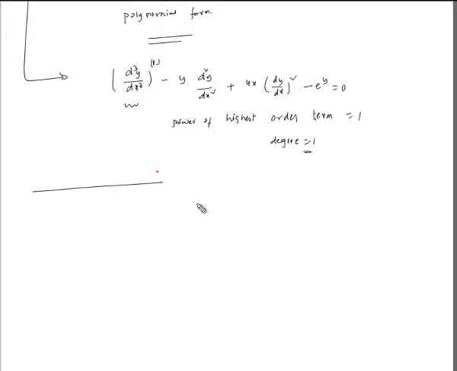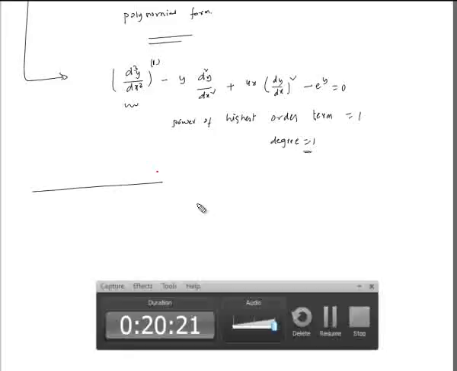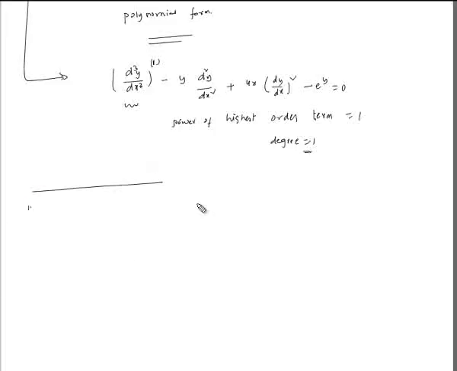Another classification. So we have seen two classifications. One is based on the number of independent variables, the number of variables with respect to which the derivatives exist in the equation.